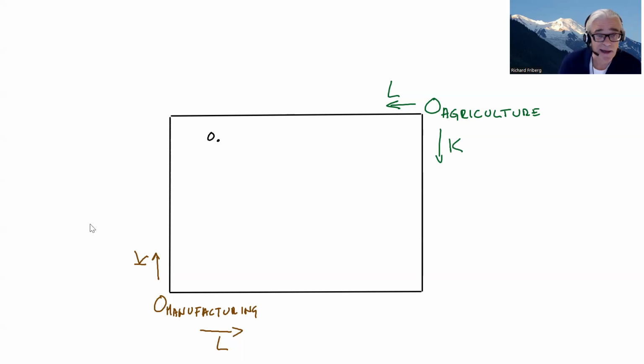So instead of looking at indifference curves, we're thinking of isoquants. So remember, an isoquant, different combinations of inputs that give the same quantity produced. So in manufacturing, you can produce manufactured products with a lot of capital and little labor, or with a lot of labor and little capital. And the curvature of the isoquant is saying something about the trade-off.